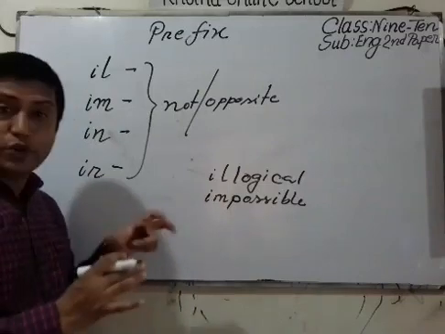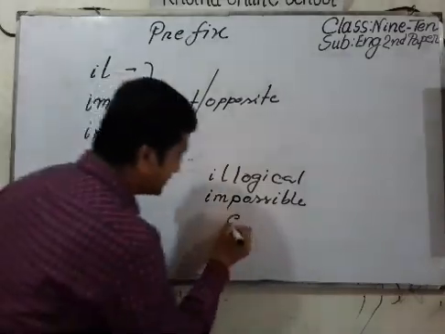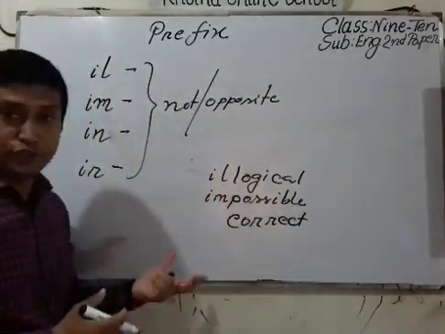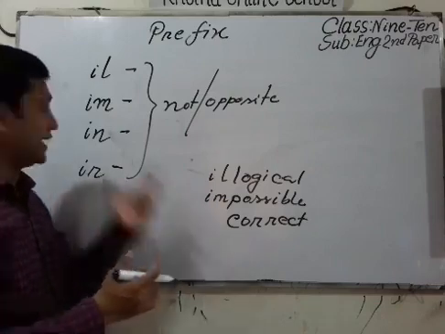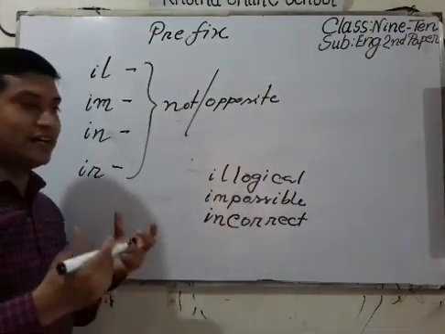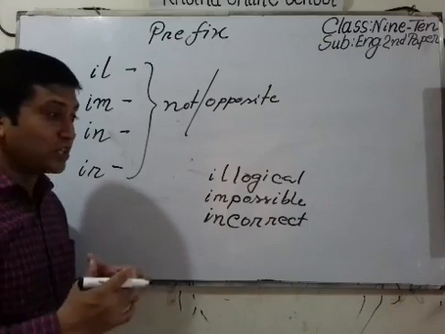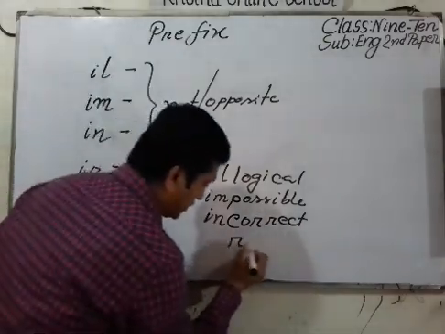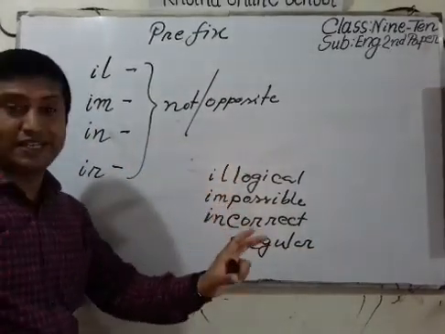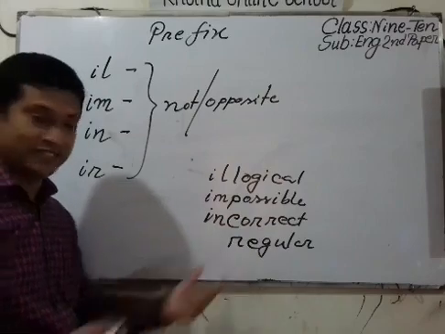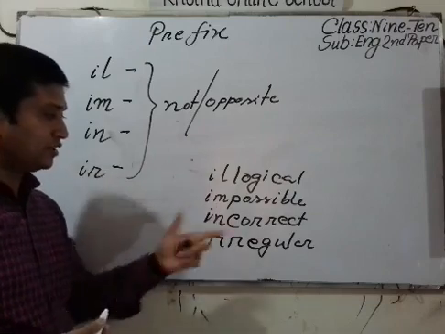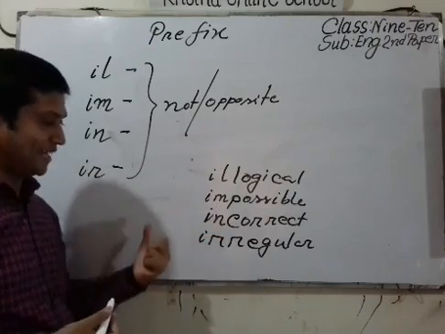Suppose you have answered a question correctly, but another answer is not correct, its antonym or opposite word, you can add "in" here: incorrect. Finally, you are a good student, you go to school regularly, so you are regular. But another boy is not regular, he is always irregular. So you can add "ir" here: irregular. Repeat after me: illogical, impossible, incorrect, and irregular.